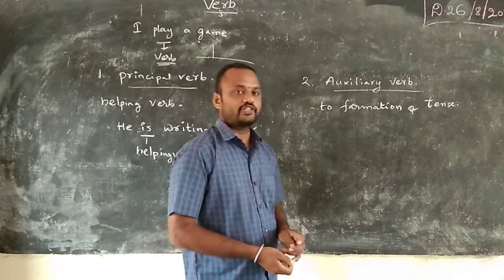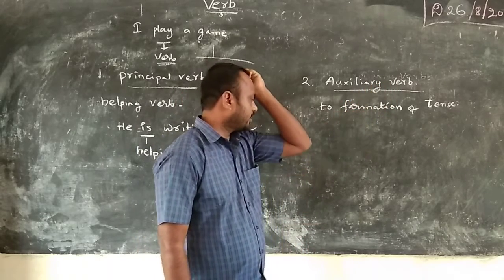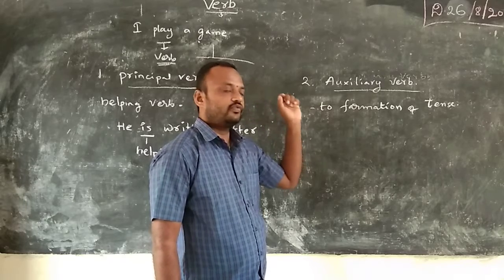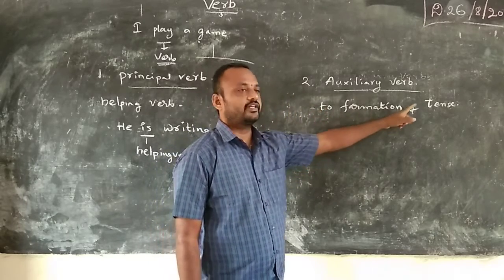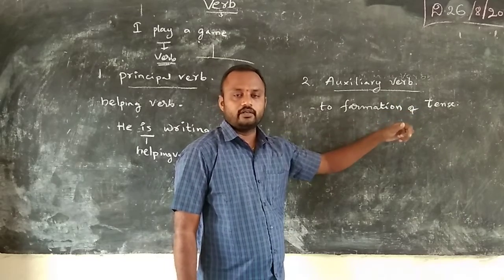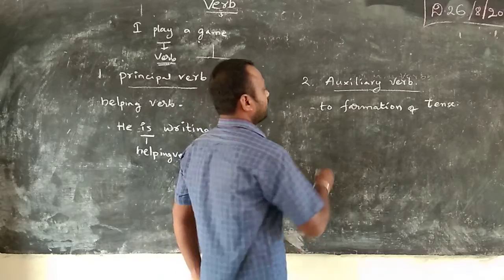What is the auxiliary verb? It is a word that is used for the formation of sentences and the mode of an action word. That is called an auxiliary verb.